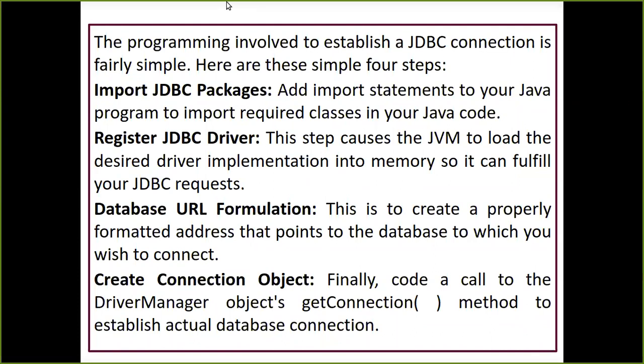Fine. Once the database URL formulation is done in your program, now you have to create the connection. For that need, I have a connection class. I told you yesterday, we have a connection class which gives me a platform to have that connection built between the server and the database. So we have created a base, by importing, by registering, by putting the database URL, telling everything to my servlet program, to which database I want to connect, with which credentials I want to connect.